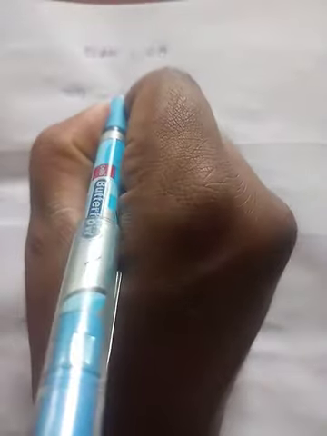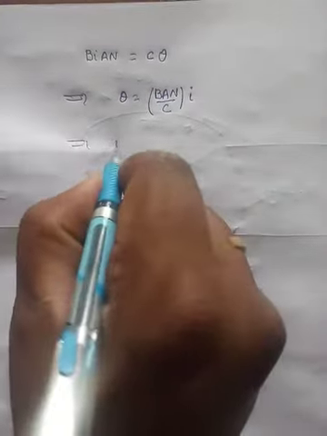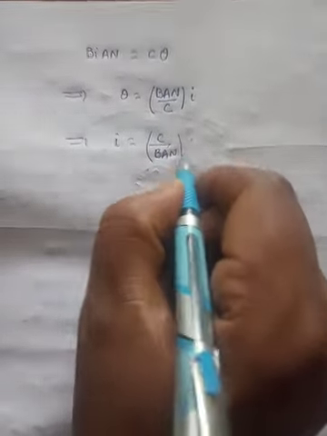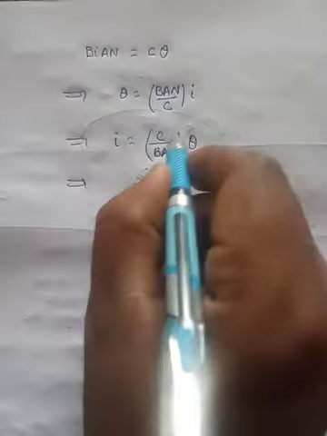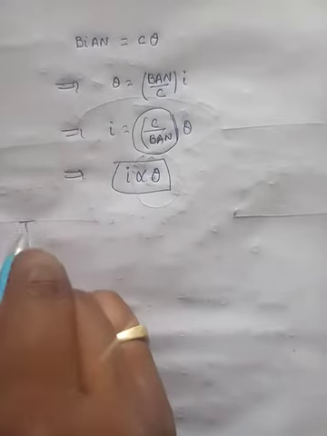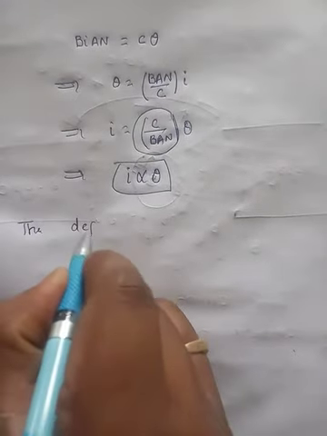That implies theta is equal to BAN by C into I, or I is equal to C by BAN into theta. Let us keep this as constant. I is directly proportional to theta or not?